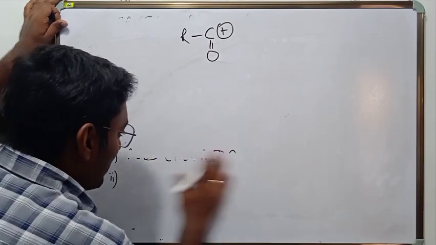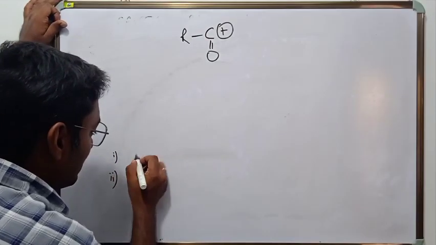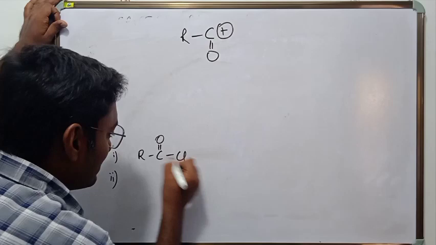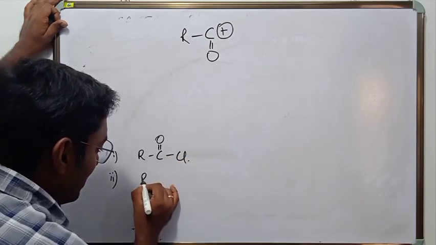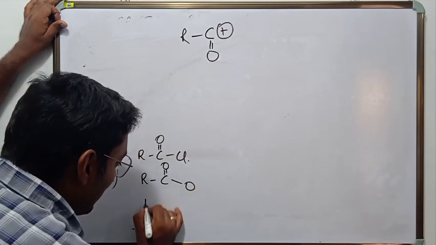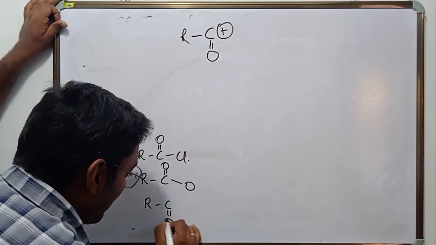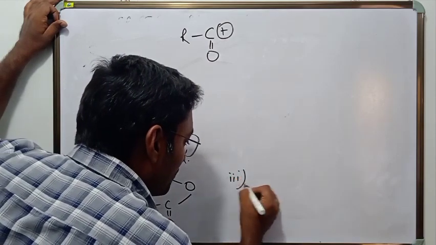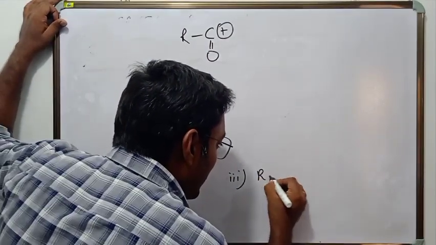Acid chloride I will write in this way, RCOCl, acid chloride. It can be acid anhydride, right? And the third source of the acyl cation is an ester group.